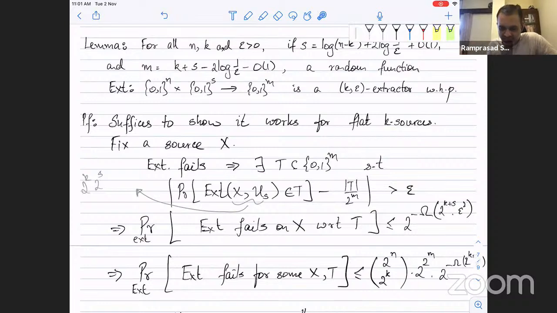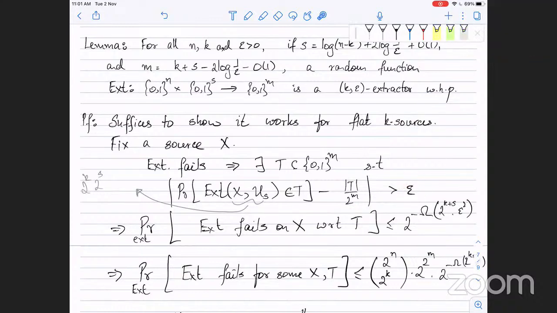Another way of stating this is saying somebody gave us 2 power k plus s samples from 0, 1 to the m, and what's the probability that the fraction of those that fell inside the set T was different from size of T by 2 power m by more than epsilon? And this is basically Chernoff's point. We're just saying we took this many samples and looked at their empirical average. What is the probability of deviation from this being more than epsilon?